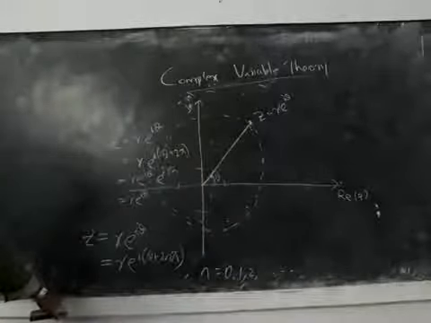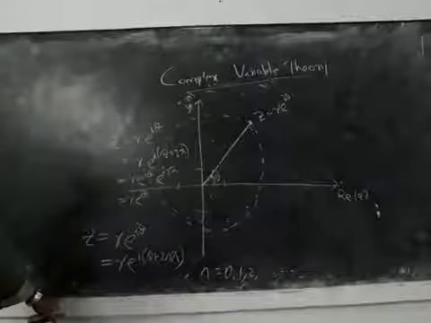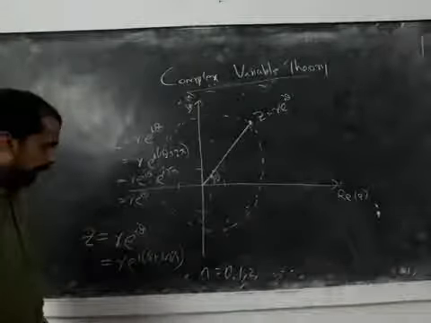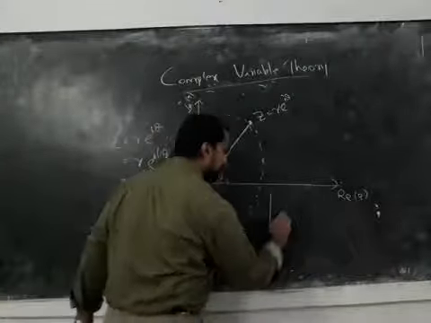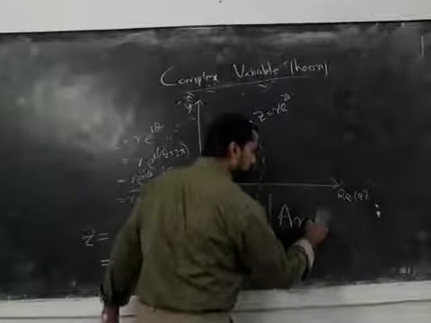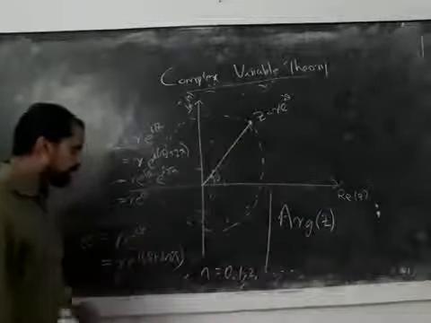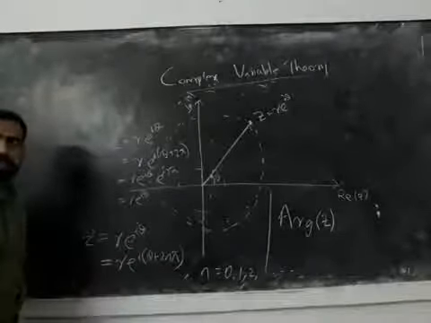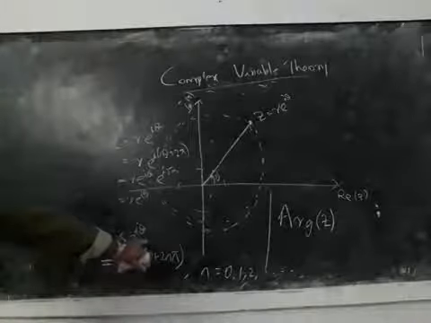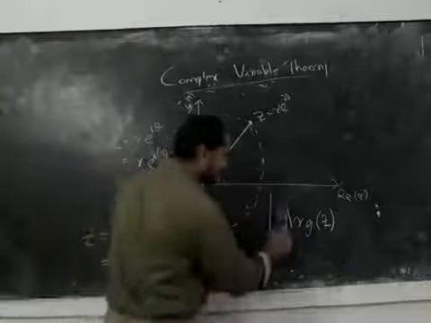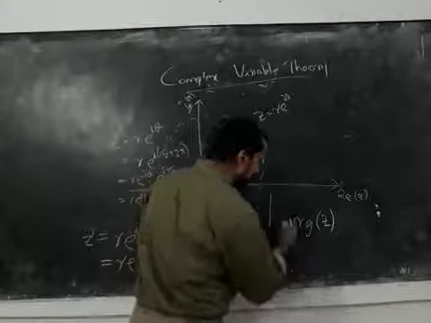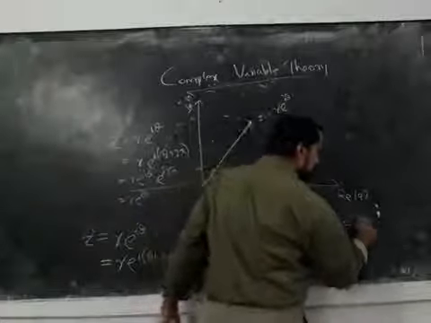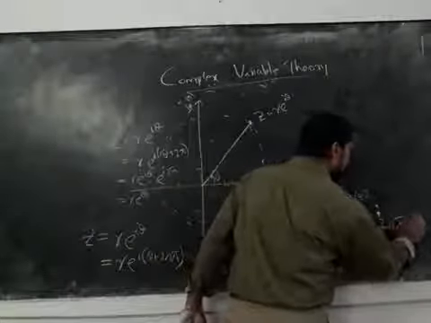Here the angle part we call the argument of z. You have a magnitude and an argument. The argument of z, with small a, is equal to theta plus 2n pi.